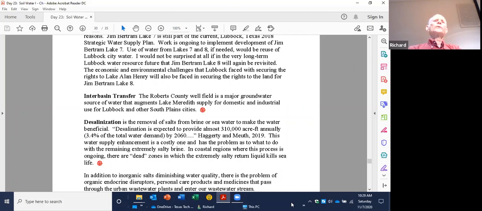And what he wanted to do was take that water from his land in Roberts County, ship it to the Metroplex. The problem with that is that it was a very, very grossly expensive project. And they didn't want to build a pipeline to ship it from Roberts County to the Metroplex.